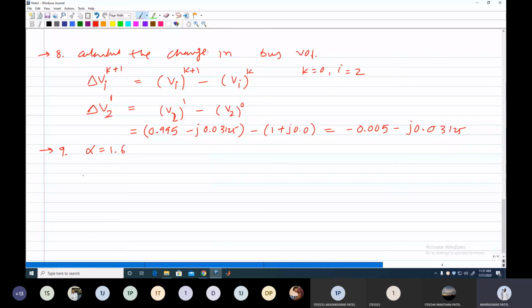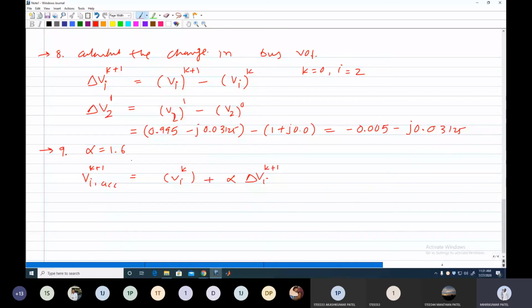So what is the equation? For the ith bus, let me write the generalized equation. V accelerated or accurate at k plus 1 is equal to Vi k plus alpha into what we have derived in step number 8, delta Vi k plus 1.